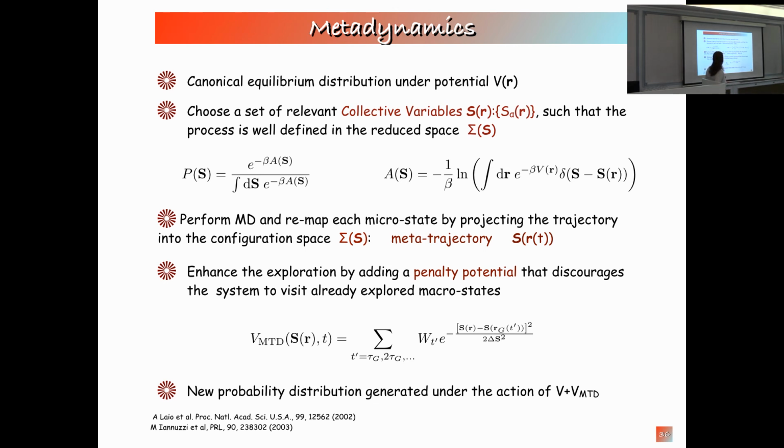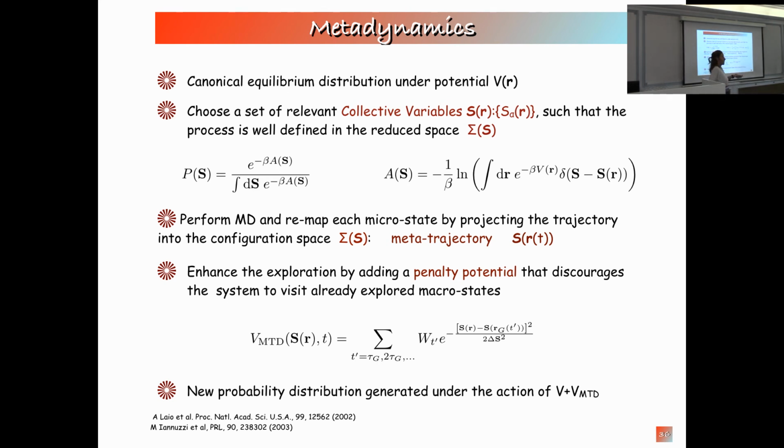In the end, you have this potential that you add, typically by adding Gaussians. It is very easy to treat Gaussians, so why not? So that's just a small repulsive potential. It can be multidimensional. In principle, there is no restriction on the number of collective variables.